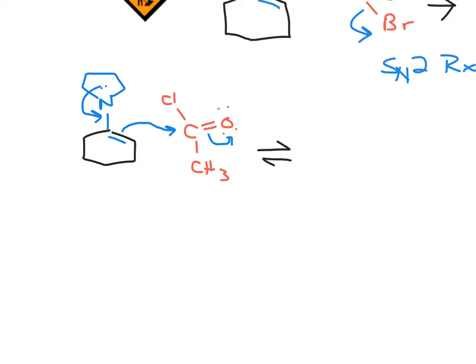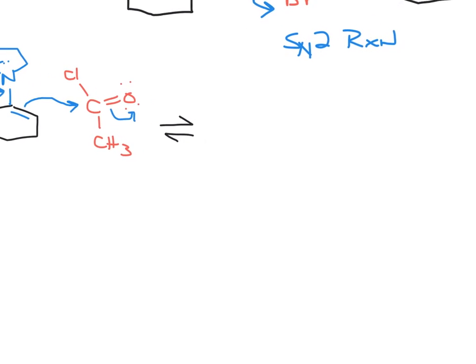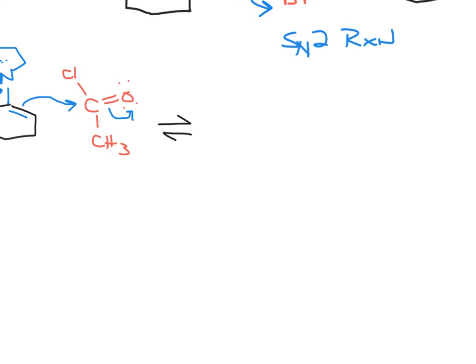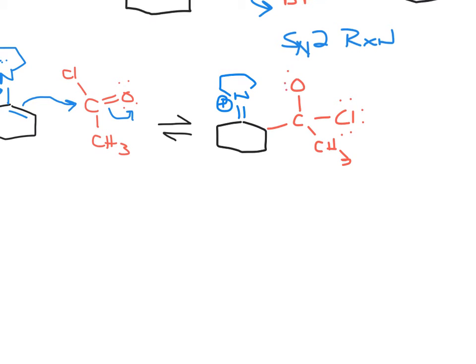Acyl chlorides are excellent electrophiles. That gives us the following iminium ion. Chlorine. So we've got ourselves a tetrahedral intermediate here.